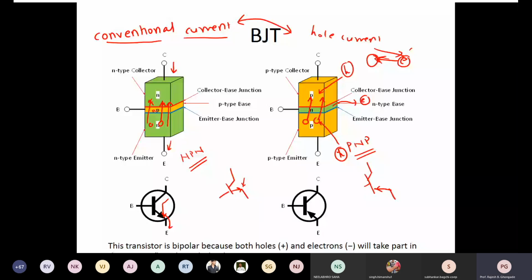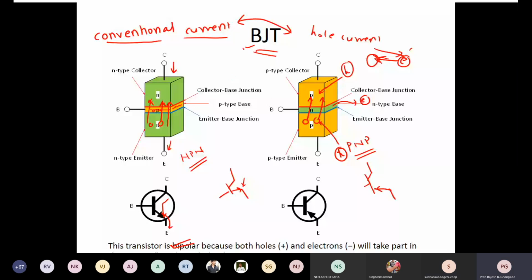So holes as well as electrons both participate in the operation of the device, and since they are of opposite polarity, we call it a bipolar device. So current flow is because of both holes as well as electrons in a bipolar junction transistor. That is the reason why it is called bipolar. Got it?